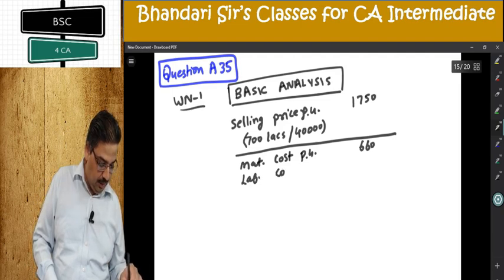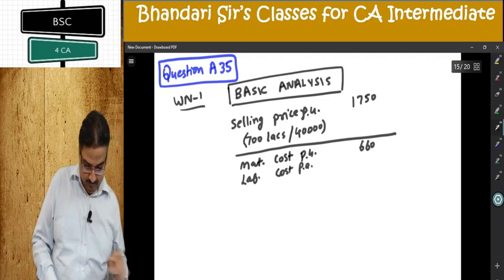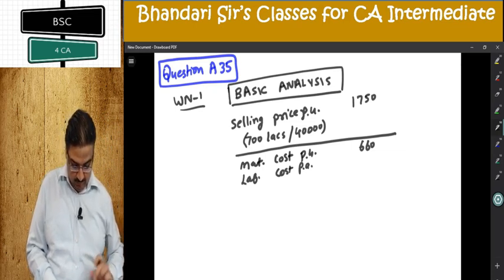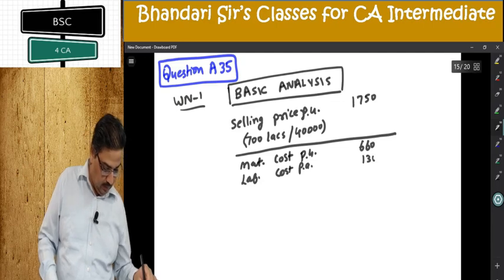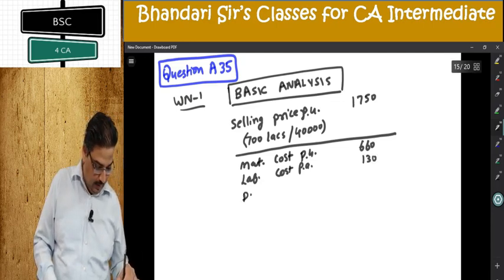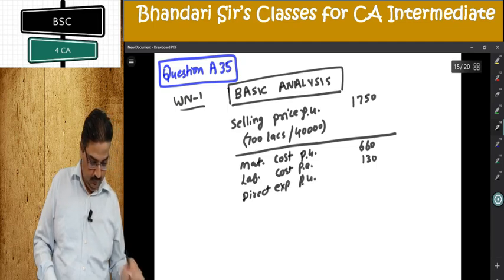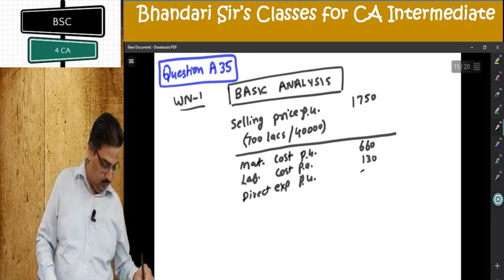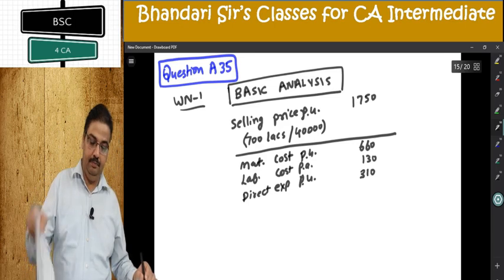Labor cost per unit: 52 lakhs divided by 40,000, that is 130. Direct expense: 124 lakhs divided by 40,000, that is 310.